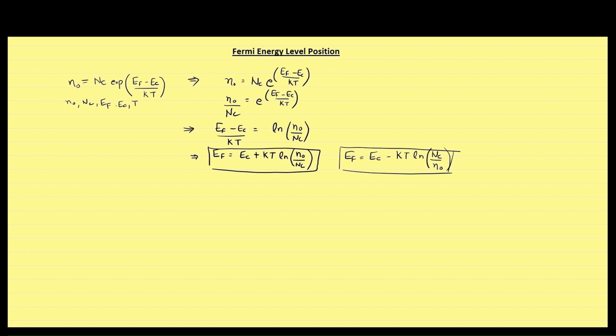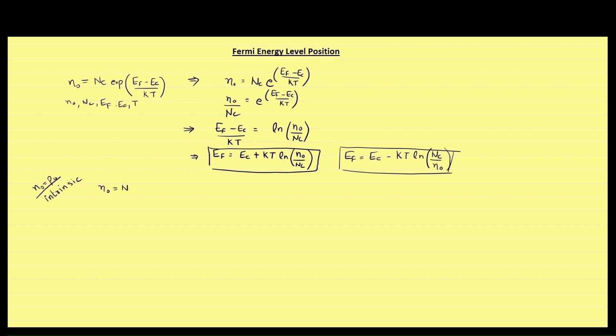But we have a special case when free electron concentration N naught is equal to hole concentration P naught. And by now, you should have already determined that this particular case is of intrinsic semiconductor.